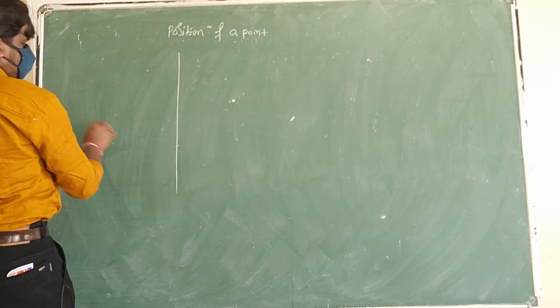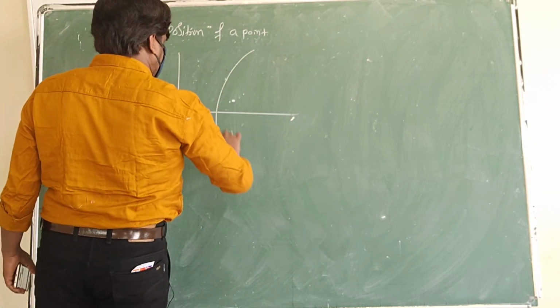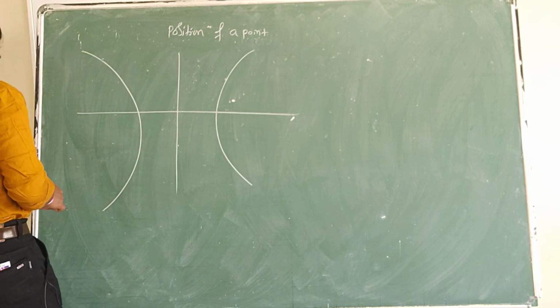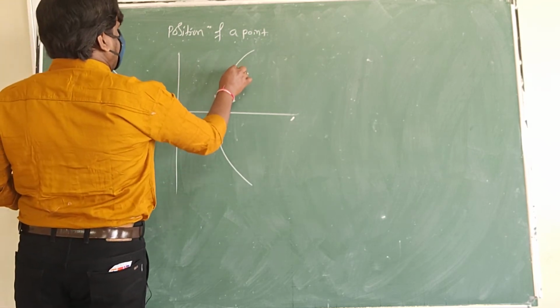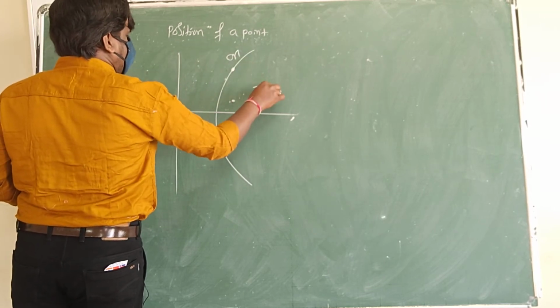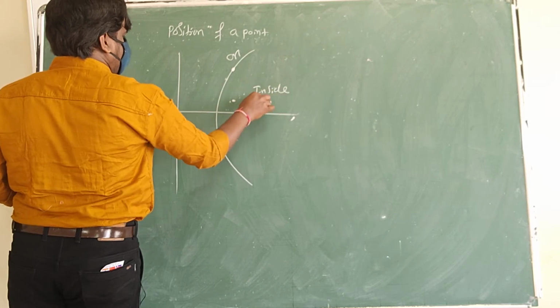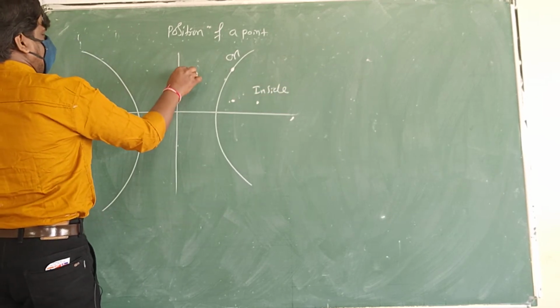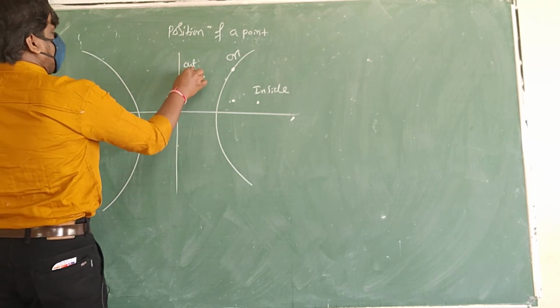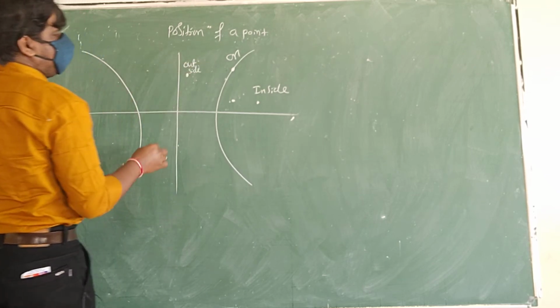So you know that this is a hyperbola. What I want to say here is a point will be on the hyperbola, inside the hyperbola, or outside. This is outside the hyperbola. So a point will be any given point.